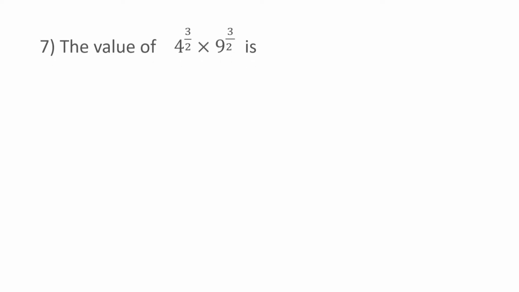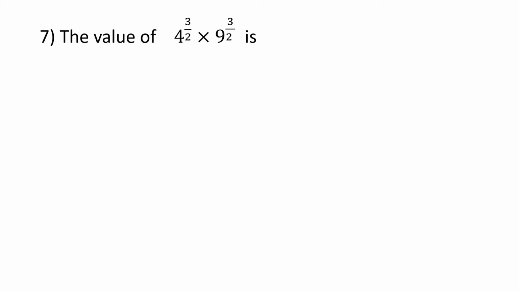Now the question number 7. The value of 4 to the power 3 over 2 multiplied by 9 to the power 3 over 2. You can write 4 as 2 to the power 2 multiplied by 3 over 2 and 9 as 3 to the power 2 multiplied by 3 over 2. Now you have to simplify the indices.